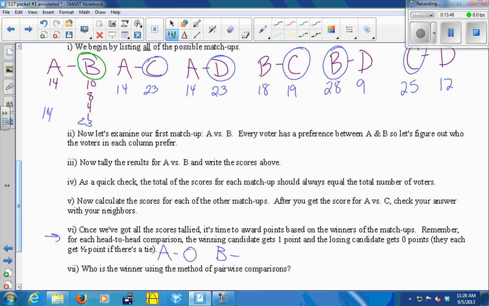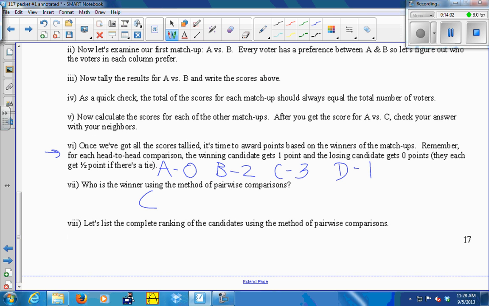How many matchups did B win? 1, 2, yeah. And C, how many matchups did C win? 3. And D, 1. So who's the winner of this election? C. And what's the complete ranking? CBDA. Most points to fewest points.